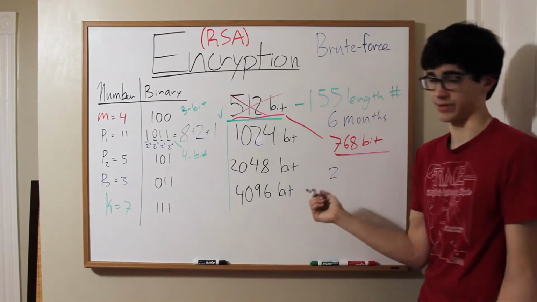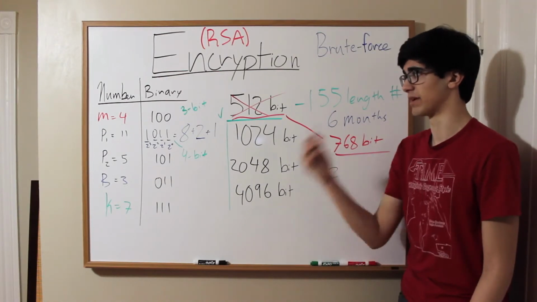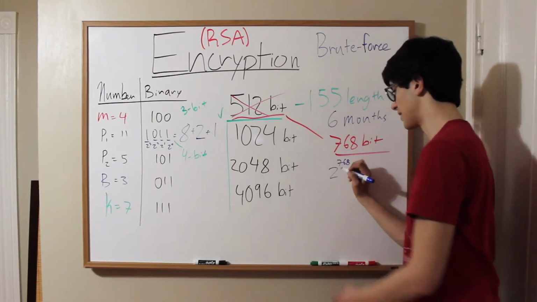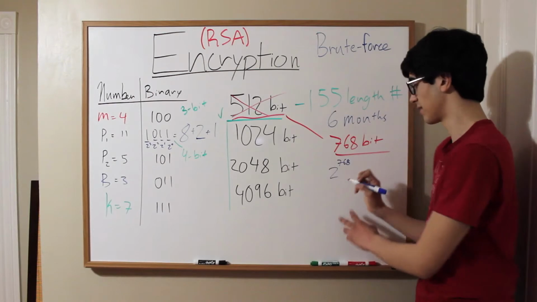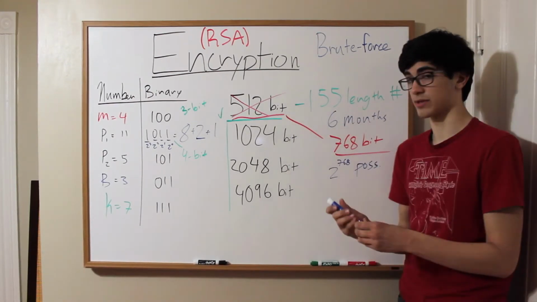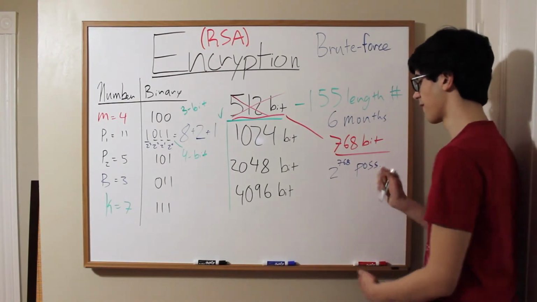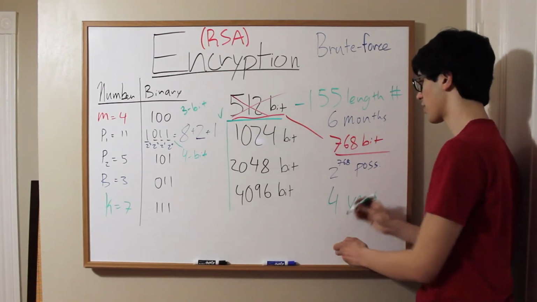We're trying to count how many options there are total. 2 options for each number, times however many numbers there are, in this case 768, times itself for that many times. That means 2 to the power of 768 possibilities. And it took some of the most powerful computers in the world 4 years to crack this.